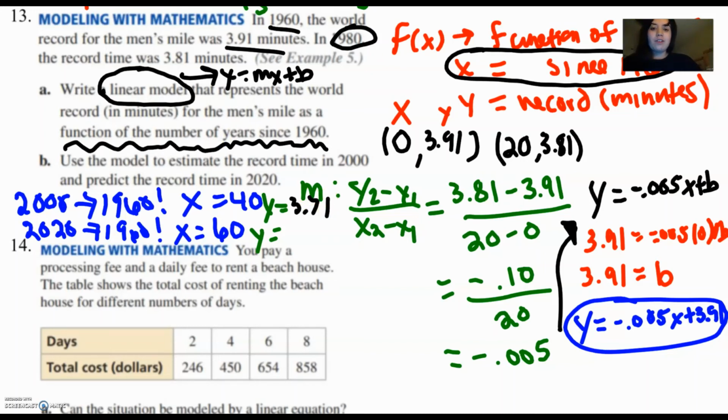And then for another 20 years, it's going to go down 0.1, so you get 3.61. Okay, so there all we did was we found our information. What was x, what was y? We found our slope when we plugged it in.